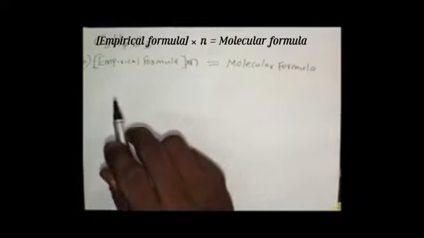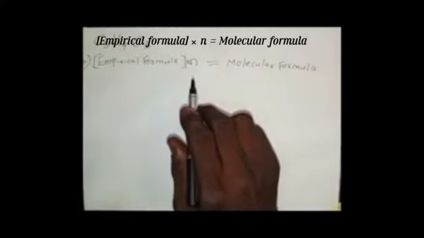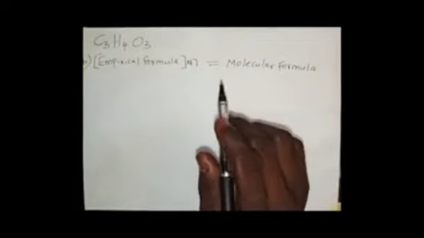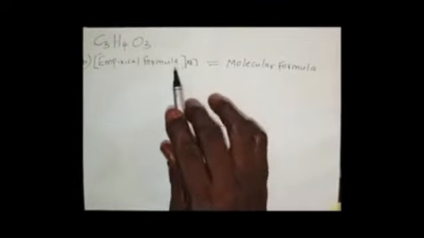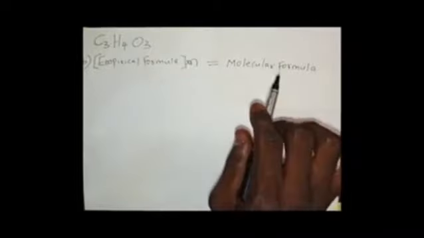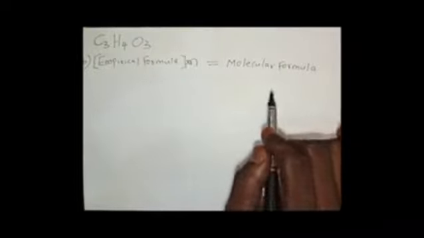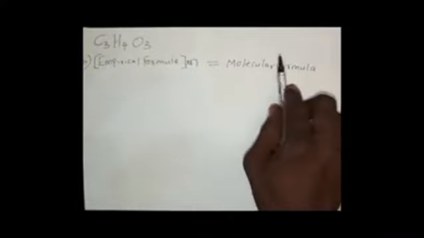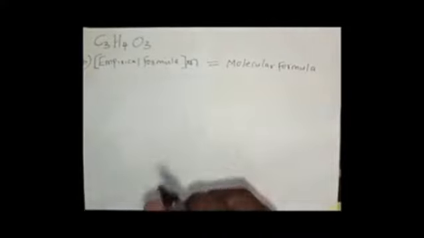Alright, so empirical formula multiplied by N is equal to molecular formula. What does this mean? Now this N here represents the number of empirical formula units that makes up the molecular formula. Don't forget, if you want to apply this formula here, you are going to be using the molecular mass given in the problem.